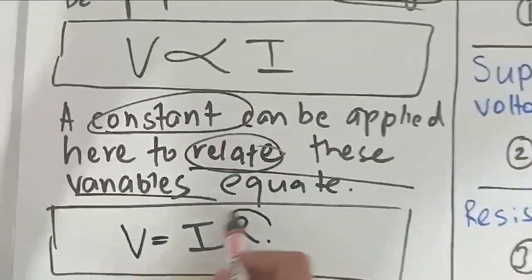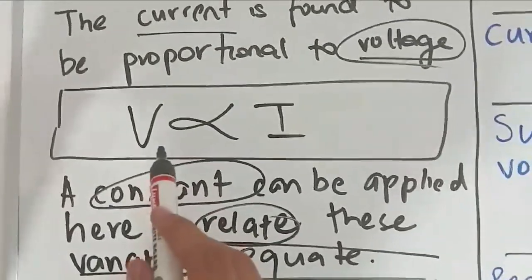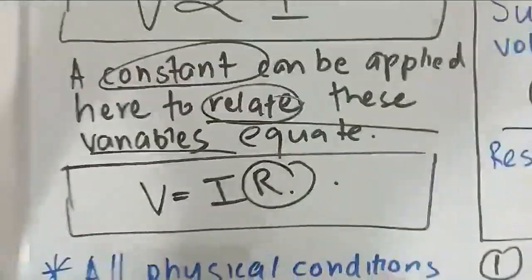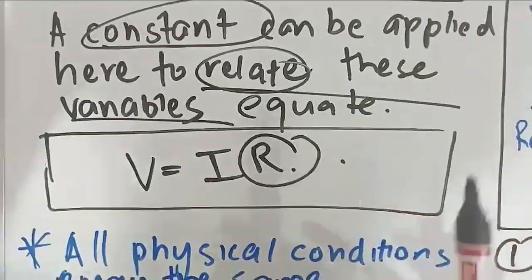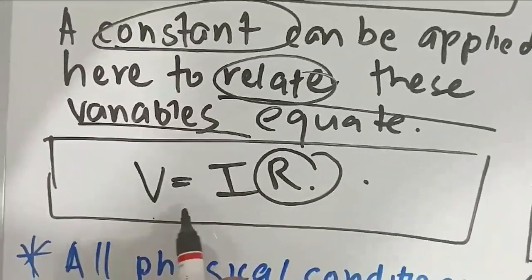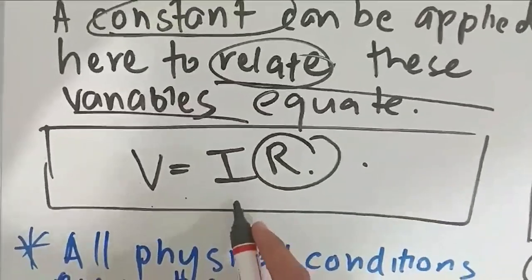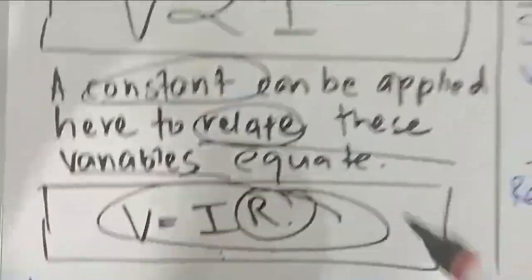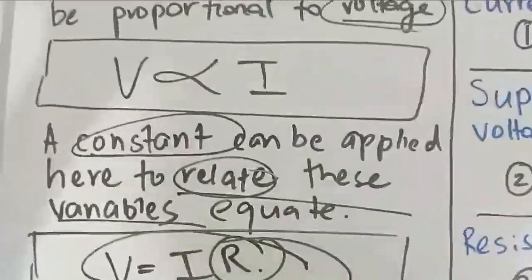So before we add this constant, we know that voltage is proportional to current. But after adding this constant, we know that voltage is equal to current times resistance. So this helps us equate, and this is just a proportional relationship.